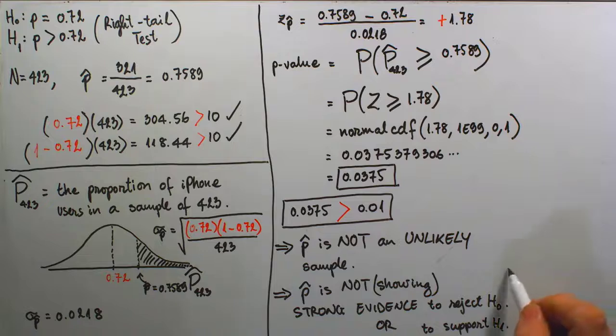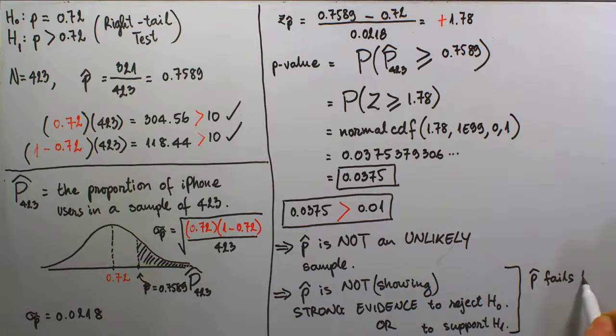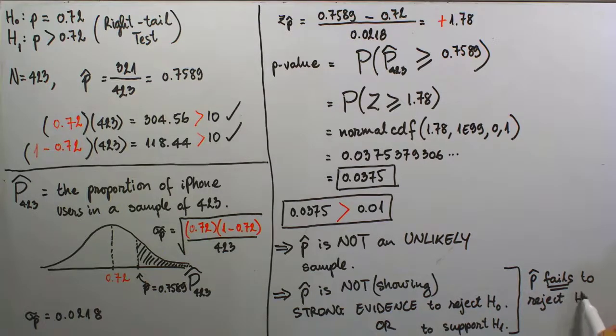Another way of saying is that p hat fails to reject H0, or fails to support H1.